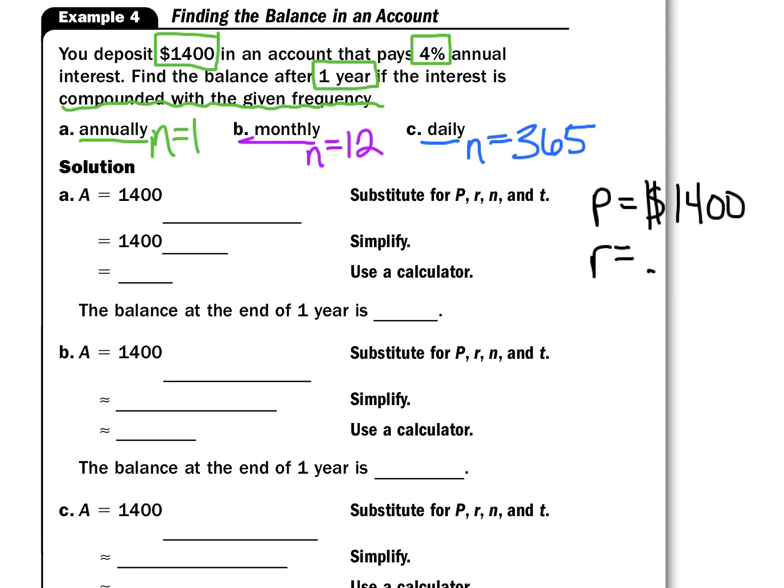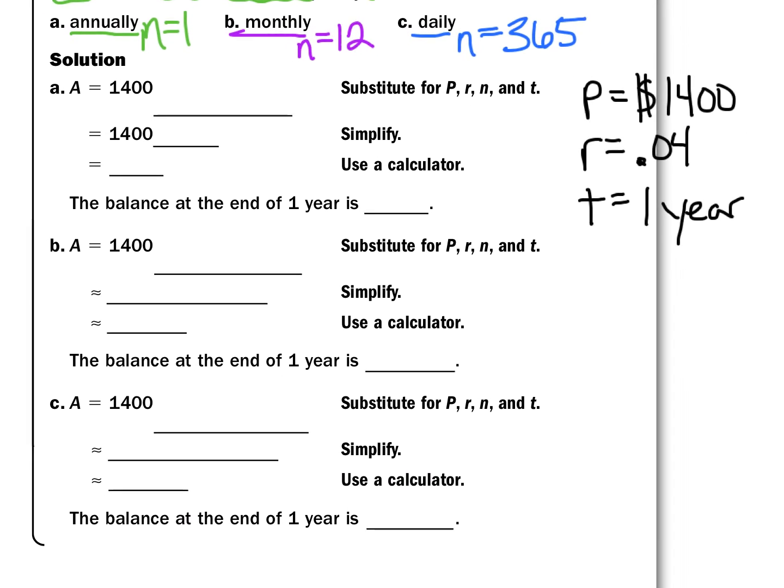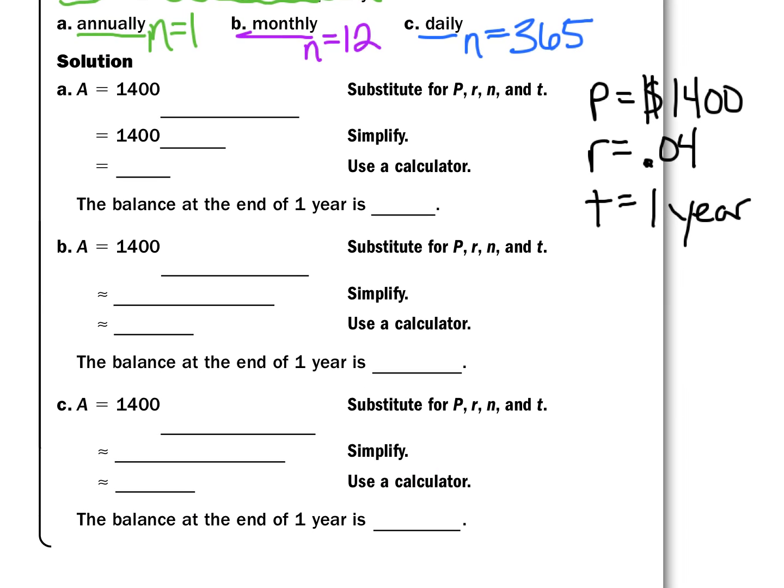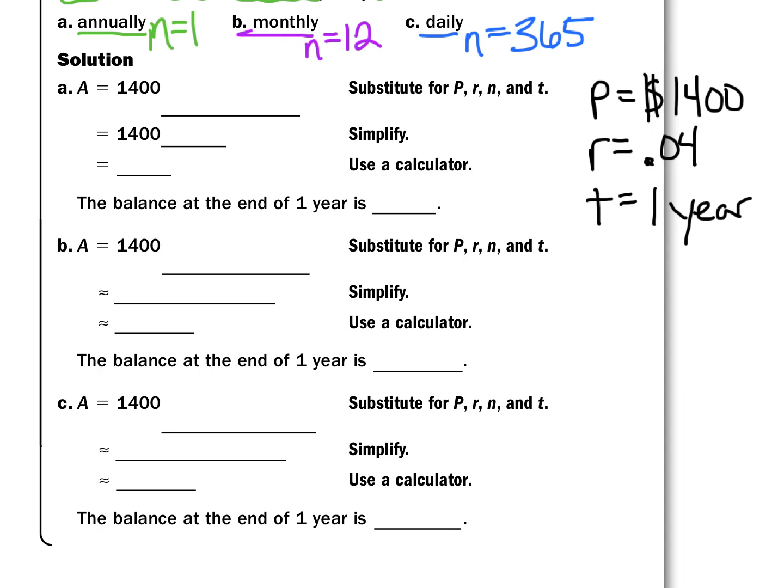R, the rate, is equal to 0.04, 4%. And T is always going to be equal to 1 year. Okay? And then my N is going to vary for the different problems. So that's the only thing that I'm going to change. So now I'm going to scroll up a little bit, and we've got everything that we need right here for the different ones, and I will color code them.